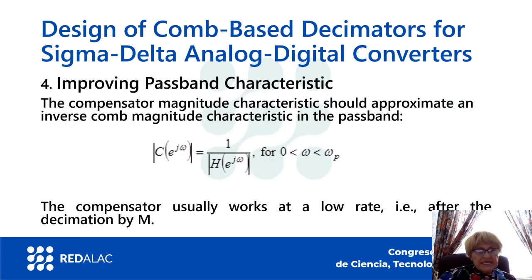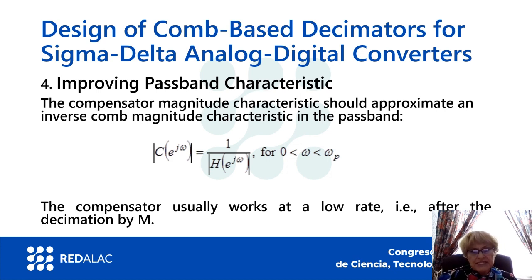And now I will say something about improving passband characteristic. The compensated magnitude characteristic should approximate an inverse comb magnitude characteristic in the passbands, as shown in this equation. C is the magnitude characteristic of the compensator, and H is the magnitude characteristic of the comb. Must be this inverse relation in the passband.